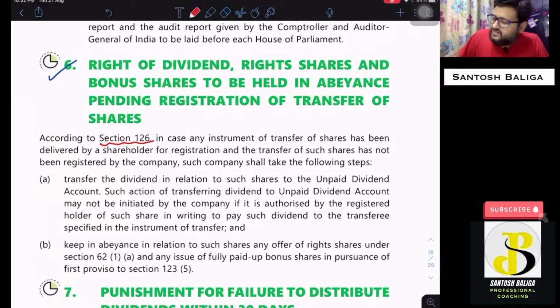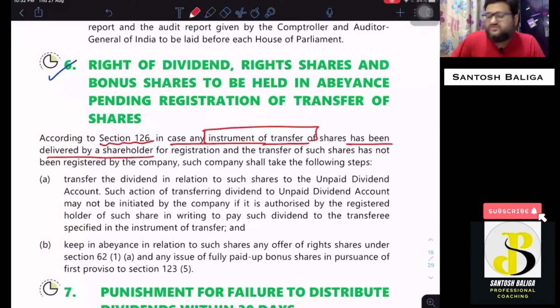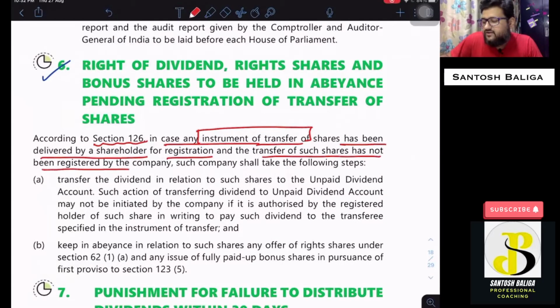This particular section speaks about the scenario in case any instrument of transfer of shares has been delivered by a shareholder for registration and the transfer of such shares has not yet been registered by the company. Such company shall take the following steps.